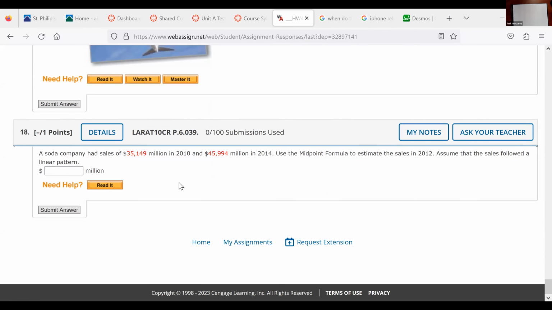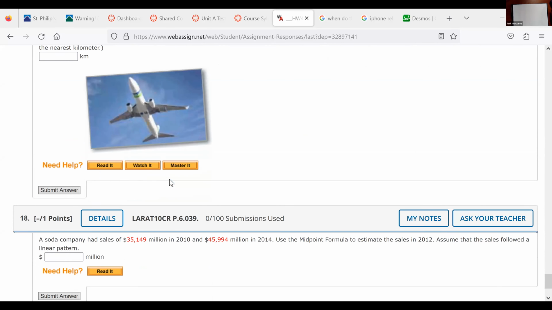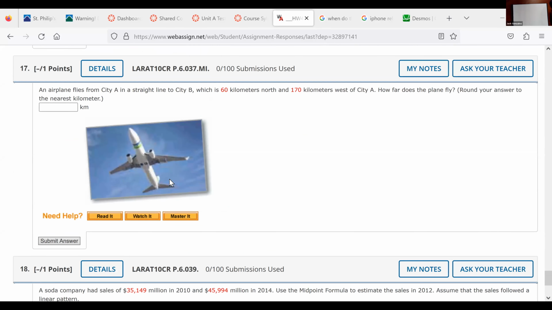Let's see what these word problems are all about. It's 18, and it looks like 17. An airplane flies from city A to city B, which is 60 kilometers north and 170 kilometers west.